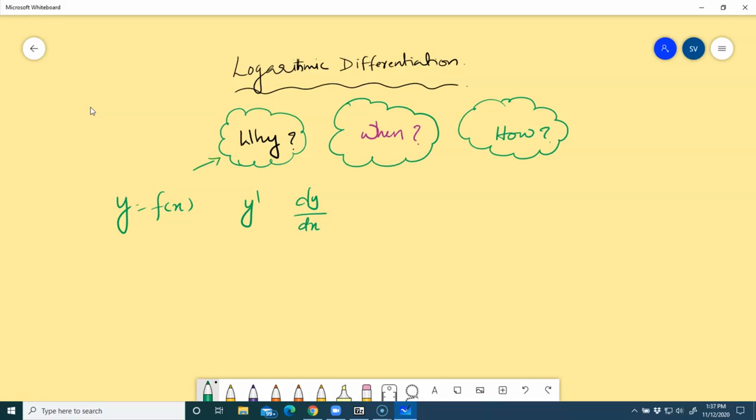And the second question I need to answer before I go to some example: when can I use this logarithmic differentiation in the process of differentiation?